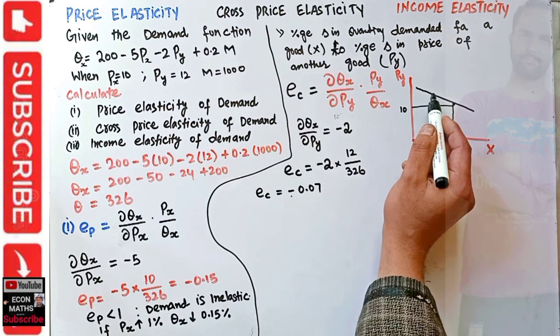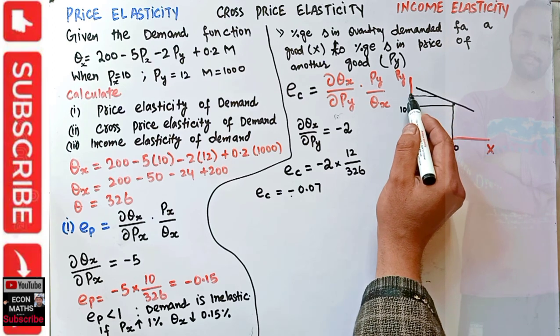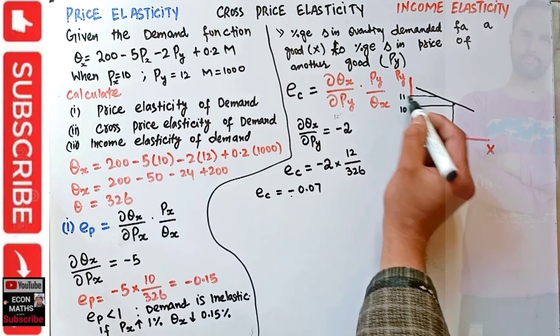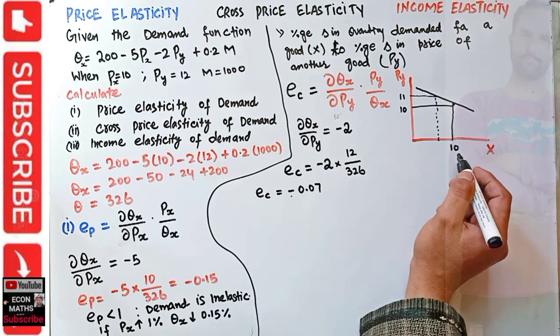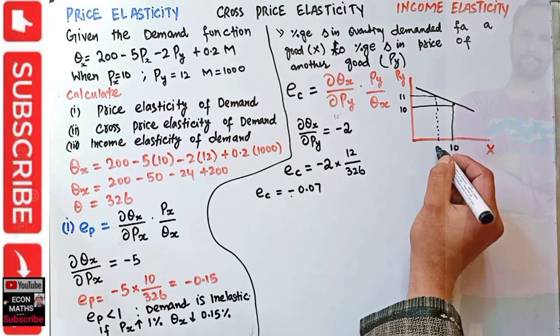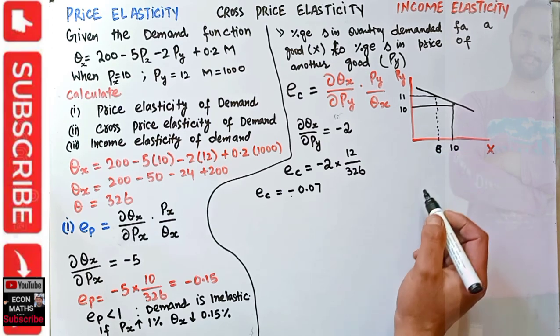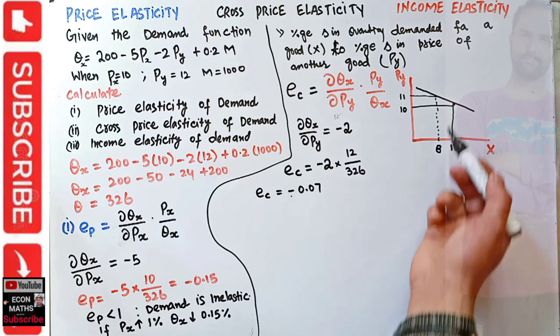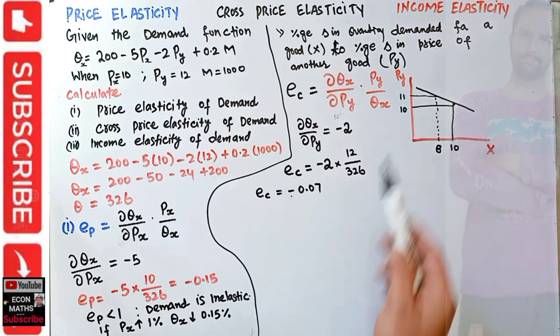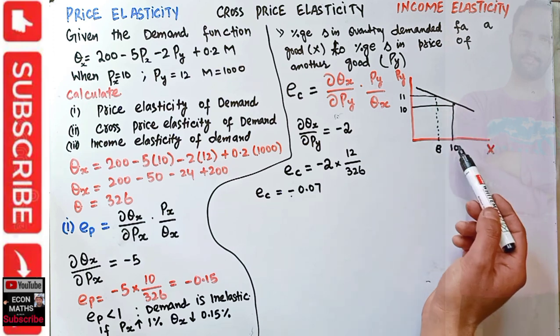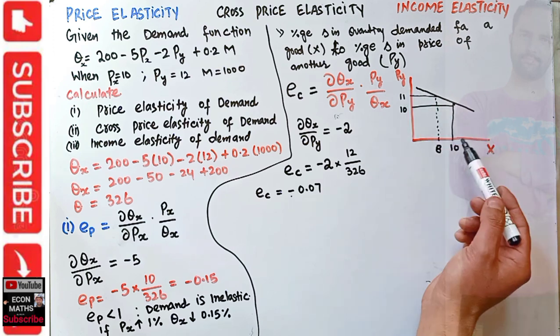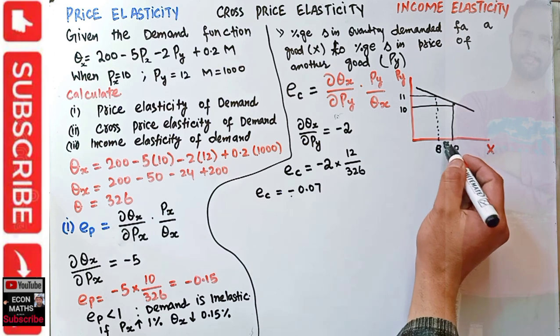When price of good y increases, let us say to 11, quantity demanded of good x will, let us say, decrease by 8. Okay, so x and y are complements because we got here negative sign that denotes if price of good y increases, quantity demanded of good x will decrease.